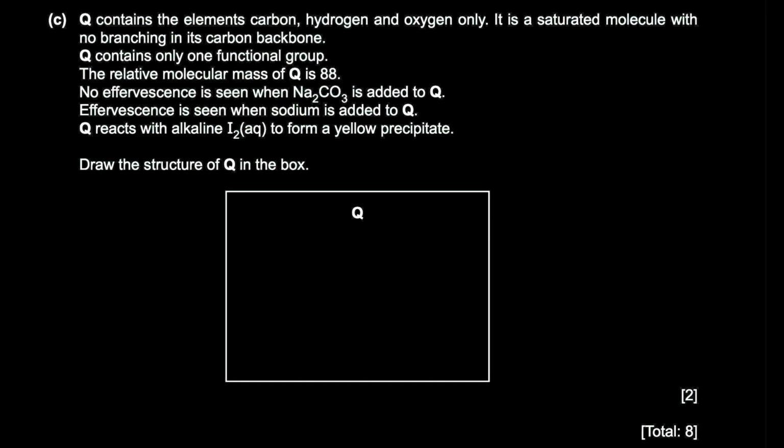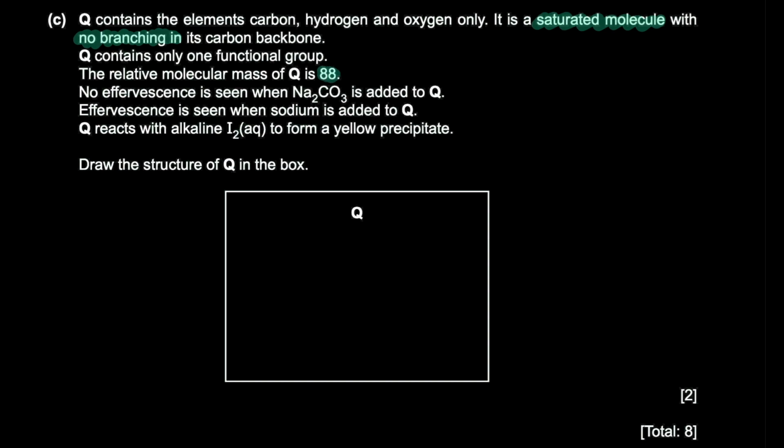Q contains the elements carbon, hydrogen, and oxygen only. It is a saturated molecule with no branching in its carbon backbone. It contains only one functional group. The relative molecular mass of Q is 88.